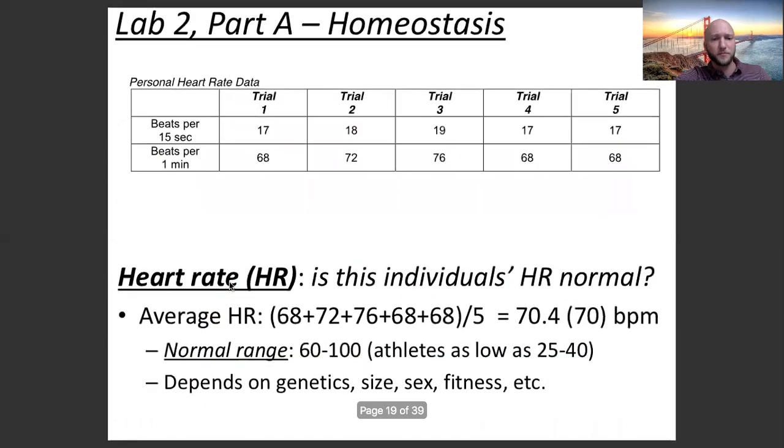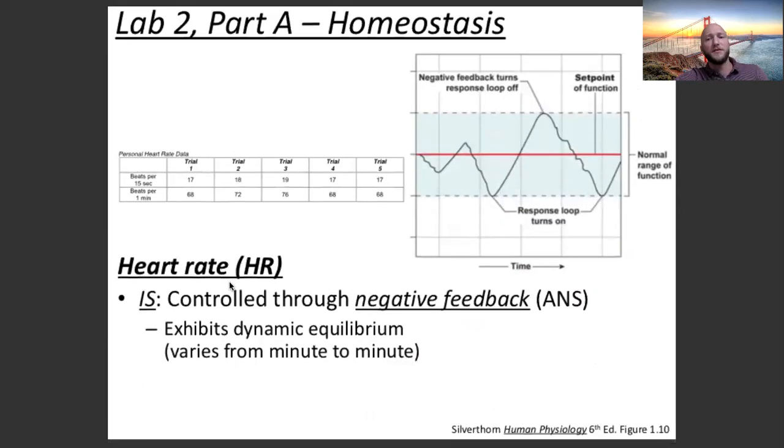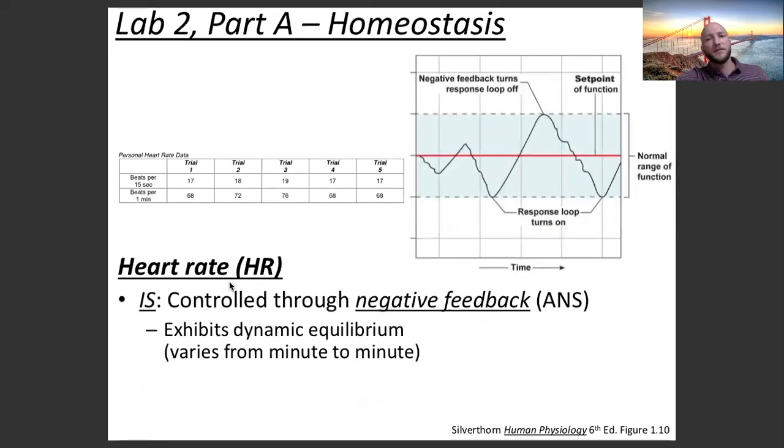Now, is there negative feedback? Yes, there is negative feedback for heart rate. If your heart rate increases too much, your blood pressure is going to increase too much, and there are going to be mechanisms within your body to counteract that change. If your heart rate goes down too much, it's going to drop your blood pressure.